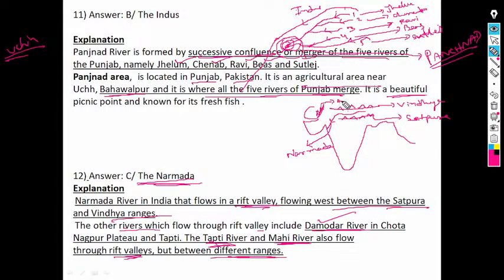This is your Aravalli range. Mahi, Tapi.